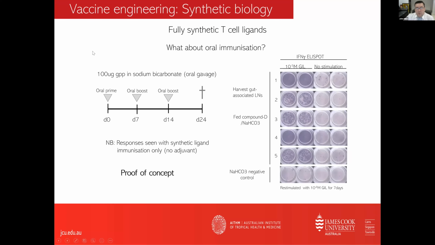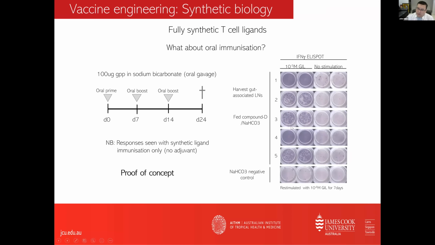Now, what was pretty cool was we actually fed this stuff to the mice every week, once a week. Not a lot, only 100 micrograms in bicarbonate soda. And we had a look at their lymph nodes, and we found flu-specific responses in their gut.